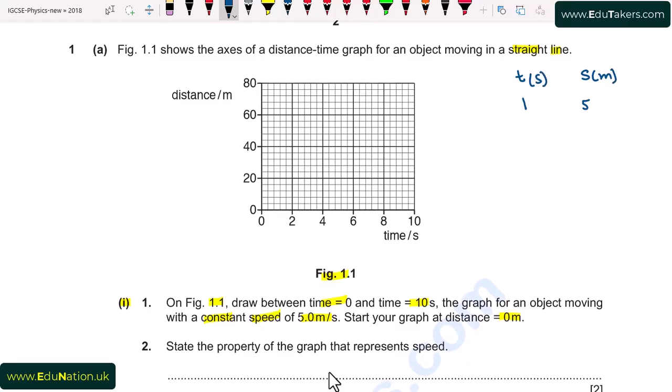Now when time passes and becomes 2 seconds, the distance covered by the object will be 10. At 3 seconds, the distance covered will be 15, and at 10 seconds, the distance covered by the body will be 50.